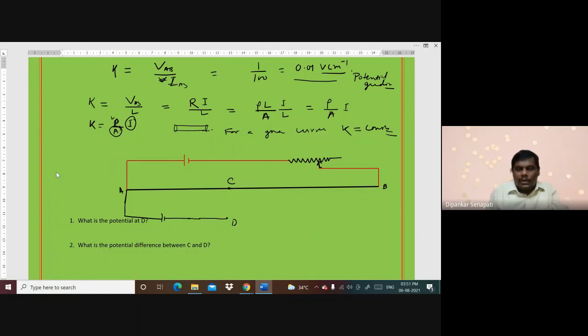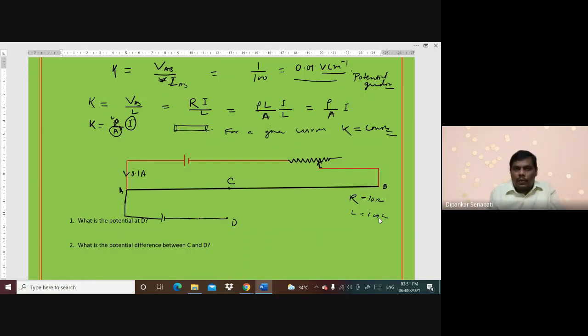We will consider this. What was our consideration? I was equal to 0.1 ampere, R equal to 10 ohm, and L is equal to 100 centimeter.